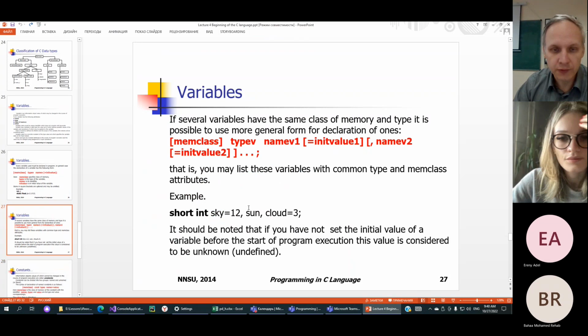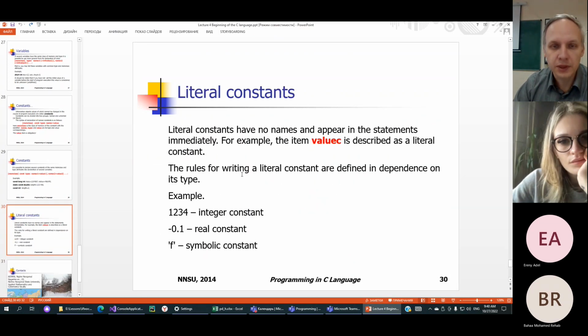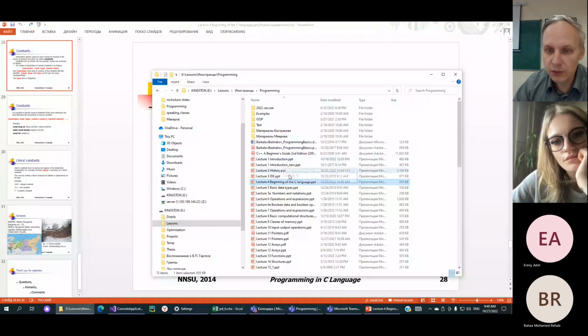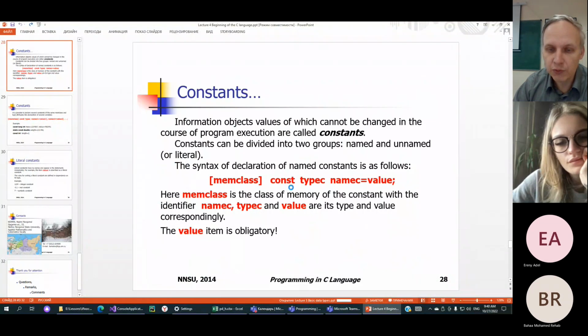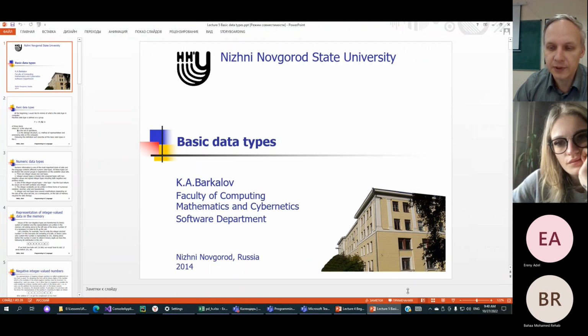Well, about the variables and constants we spoke in the previous lesson. Now let me switch to the next slides, next presentation.